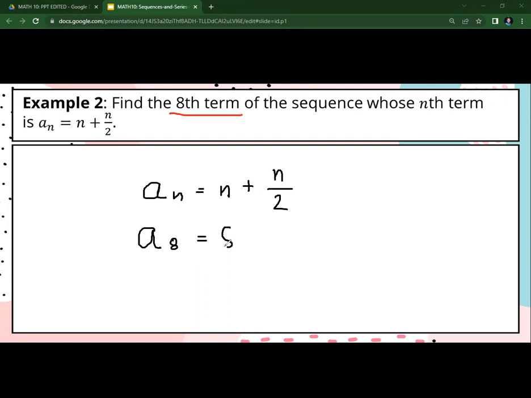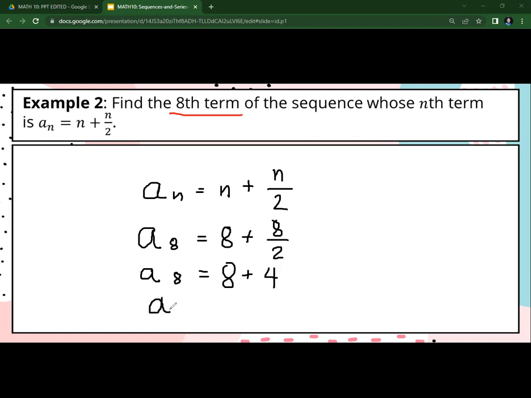Lahat po ng n papalitan natin ng 8. Of course, gamitan po natin siya ng GEMDAS. Unahin muna natin yung division. We have here a sub 8. Unahin muna natin to. So we have here 8 divided by 2. 8 divided by 2, it is 4.